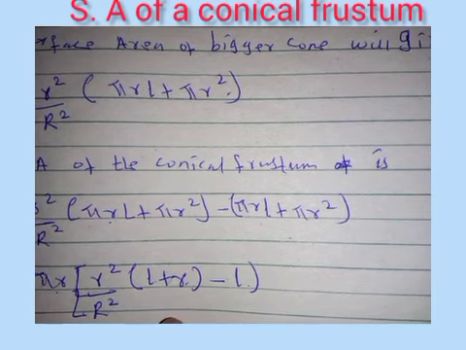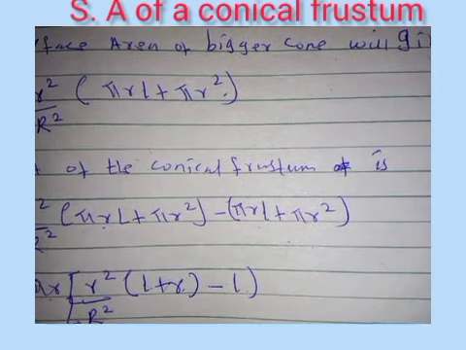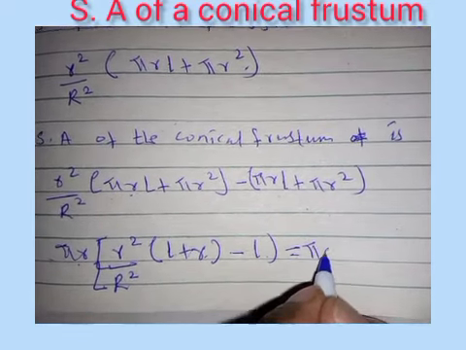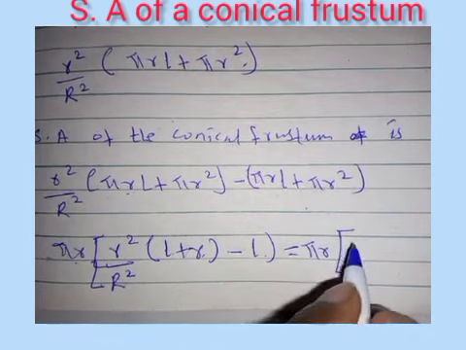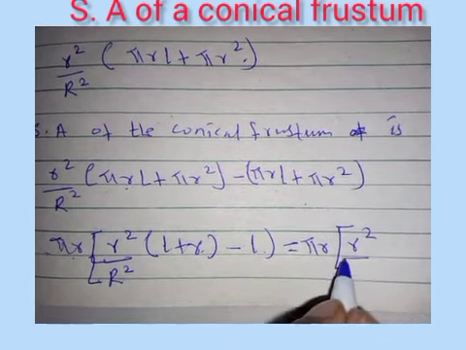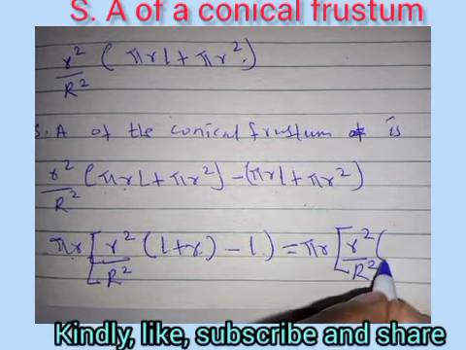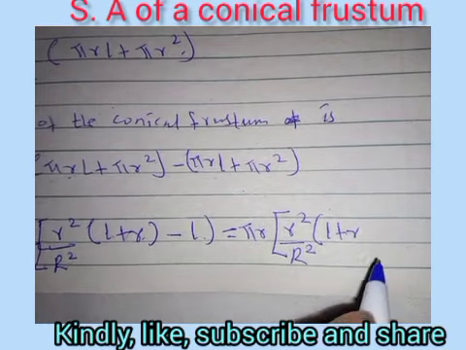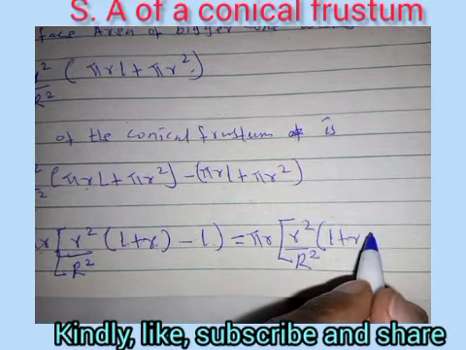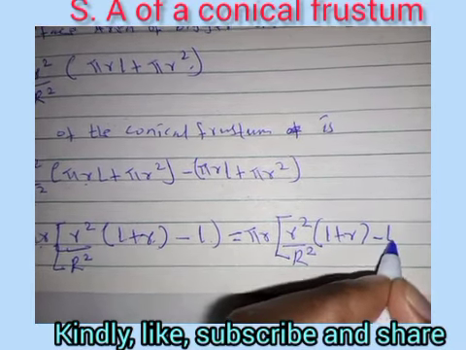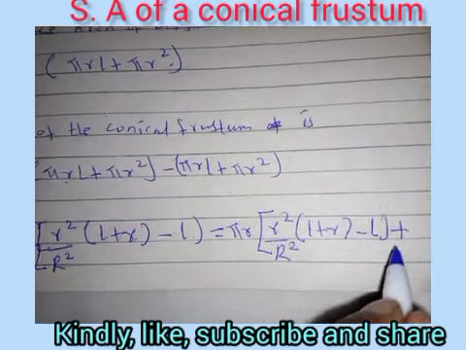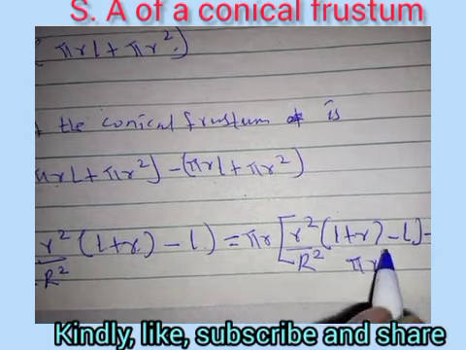Now if the frustum is closed both sides, the surface area will be given by pi R squared over r squared bracket L plus r, minus L, plus pi R squared.